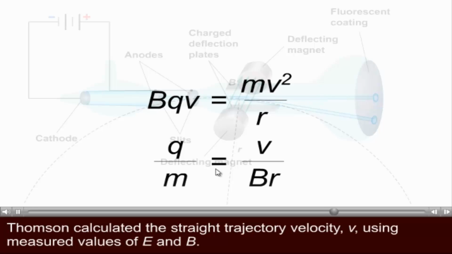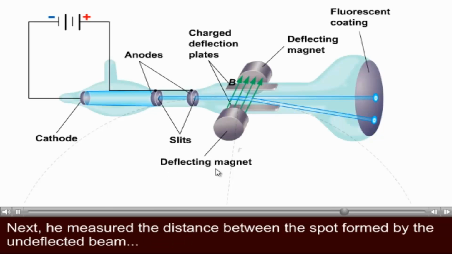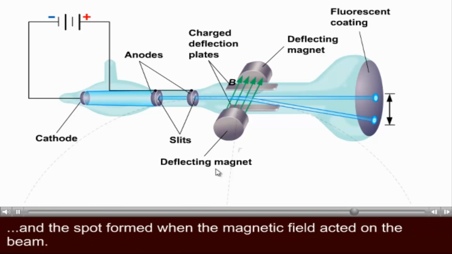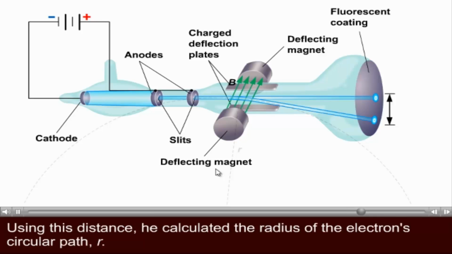Thomson calculated the straight trajectory velocity, v, using measured values of E and B. Next, he measured the distance between the spot formed by the undeflected beam and the spot formed when the magnetic field acted on the beam. Using this distance, he calculated the radius of the electron's circular path, r.